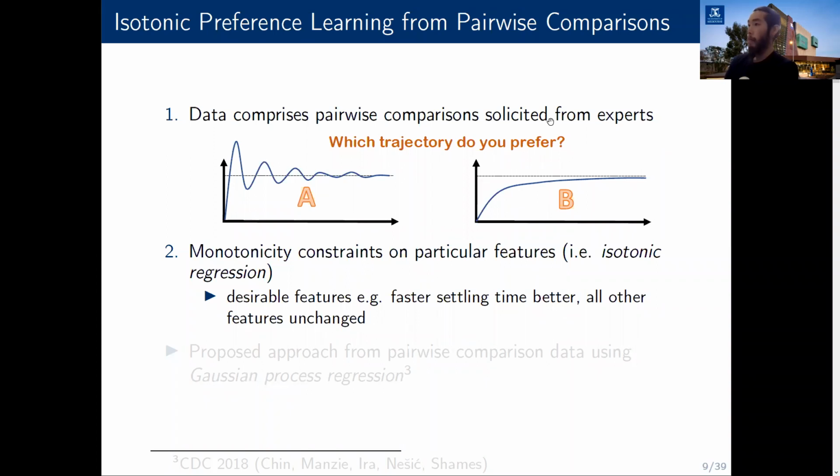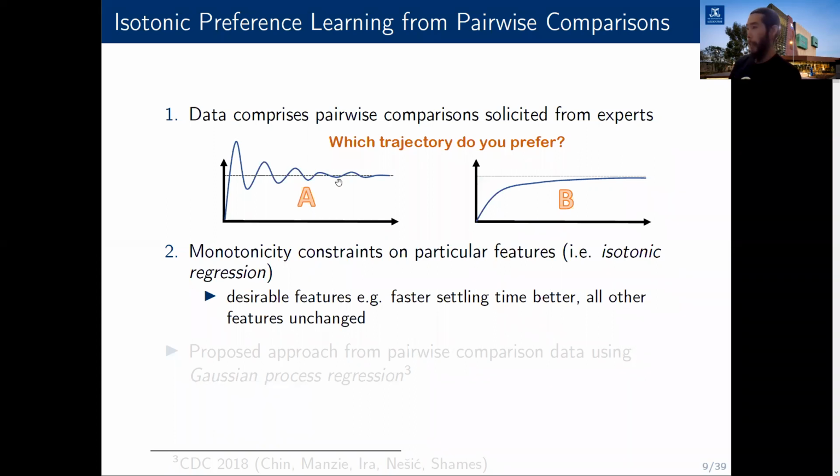Say, settling time, it's very reasonable to say that if we have faster settling time in a response, then that's better, given that all other features are unchanged. Trying to have this shape constraint in regression is called isotonic regression, but not the sports drink kind. And so we want to enforce these monotonicity constraints on our learned preference function.